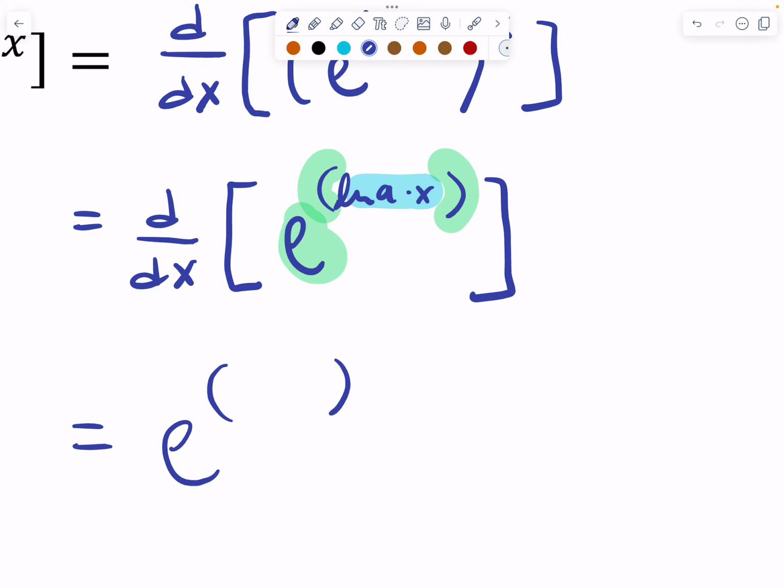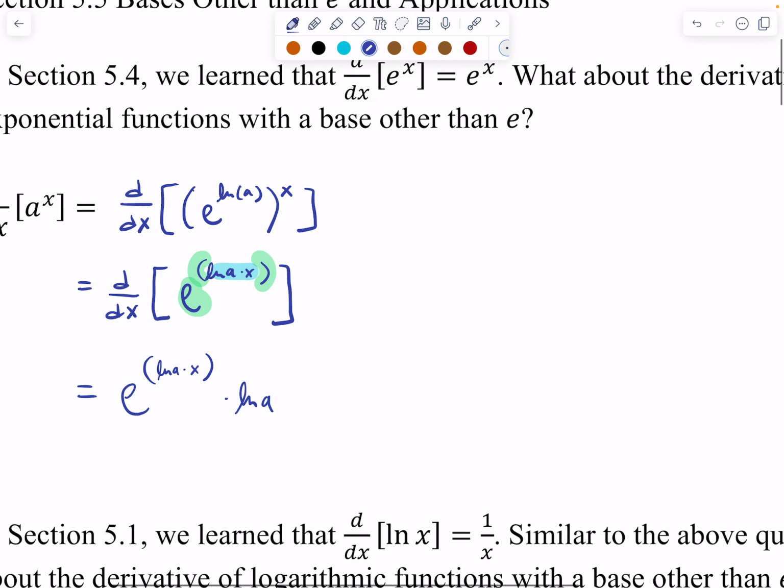For chain rule, we know that we have to leave the inside function alone, okay? And then multiplying by the derivative of the inside, well, natural log of a is just a constant. So the derivative of natural log of a times x is just going to be natural log of a. Okay, and we're almost there.